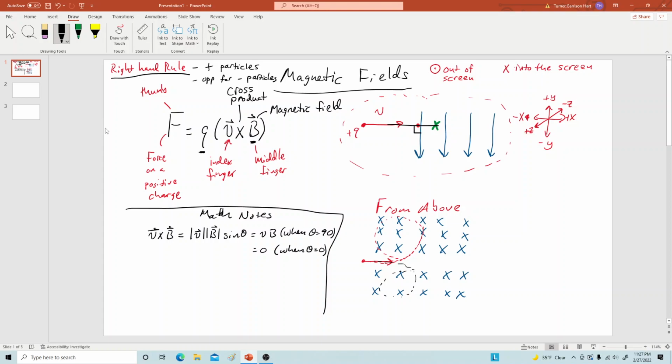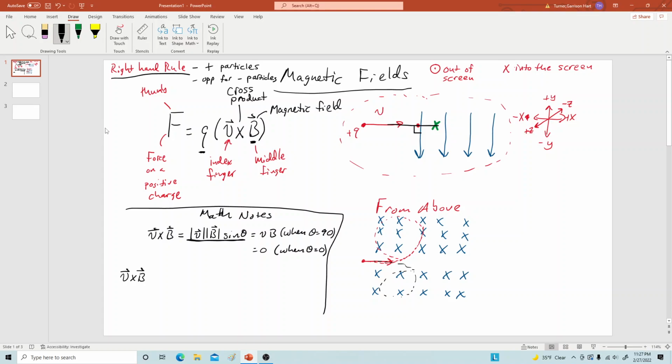Okay? All right. Next thing, if you remember V cross B, if you don't have a right angle, then you can still use this form. Okay? You can still use this form.